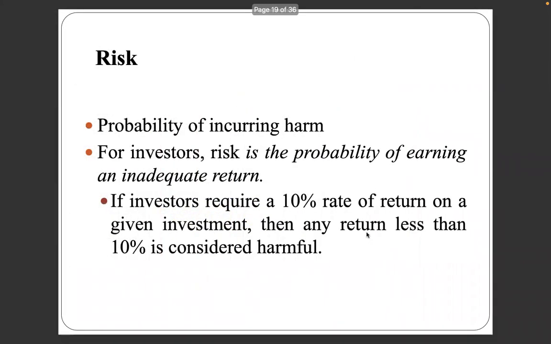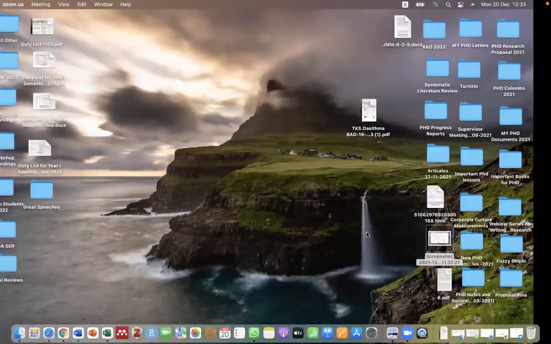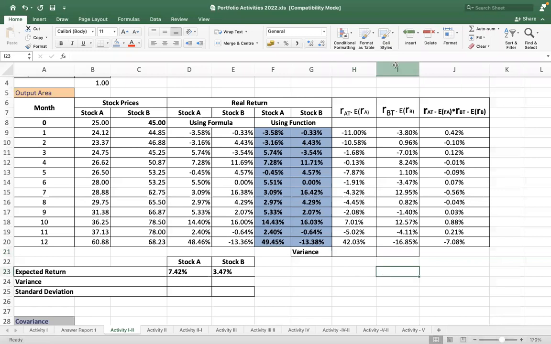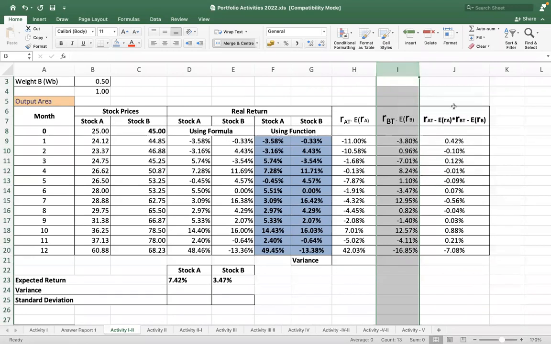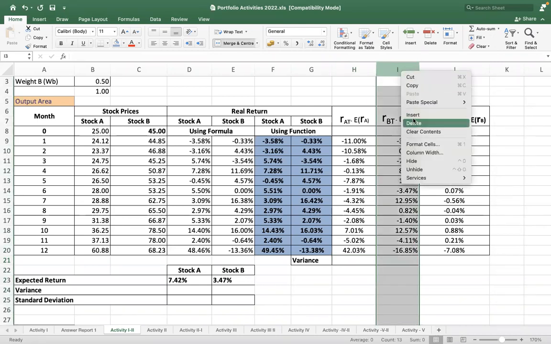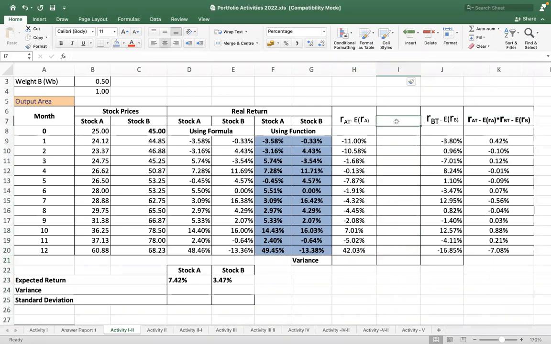So for understanding, we can add another row.